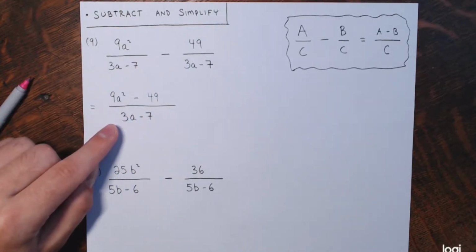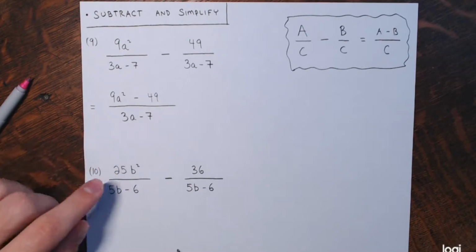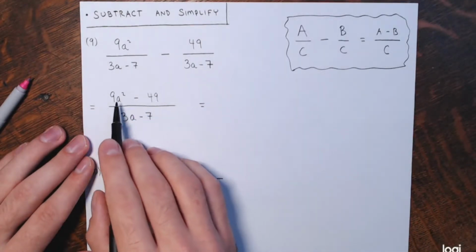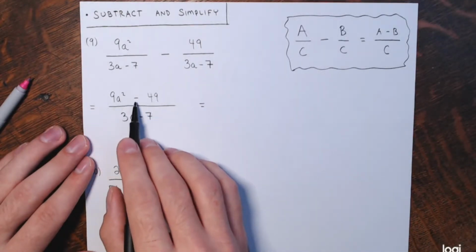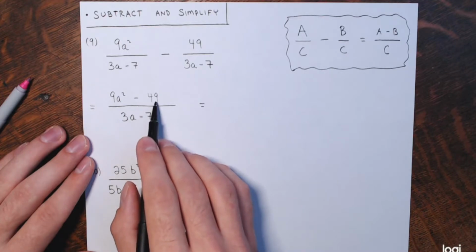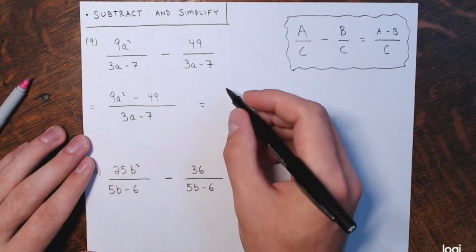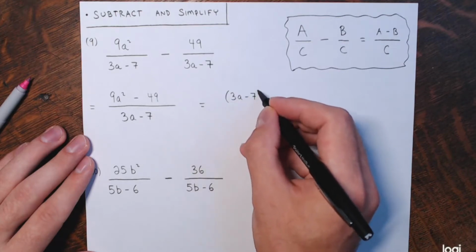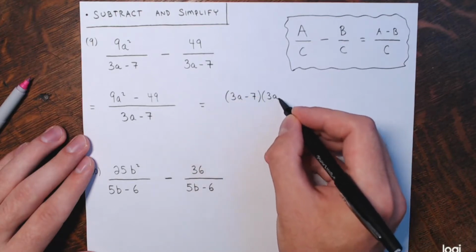But just like I said before, once we add or subtract, then we simplify. Now, the numerator is a difference of squares. This is 3a times 3a minus 7 times 7. So that'll factor to 3a minus 7 times 3a plus 7.